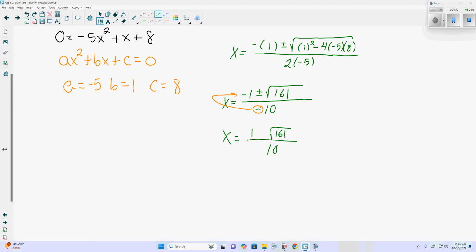Now we do have the square root of 161, yes? So we have the plus or minus. So the plus and the plus or minus is going to become negative, and the negative is going to become positive. Because i is the square root of negative 1.